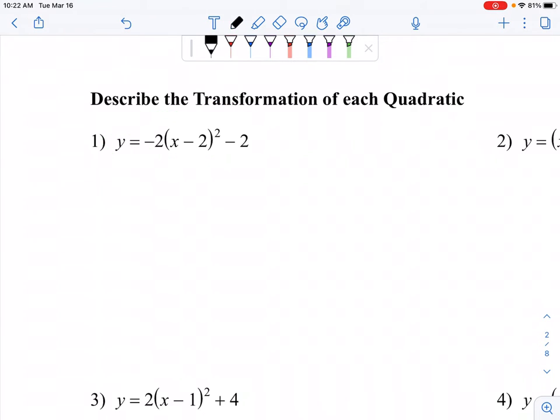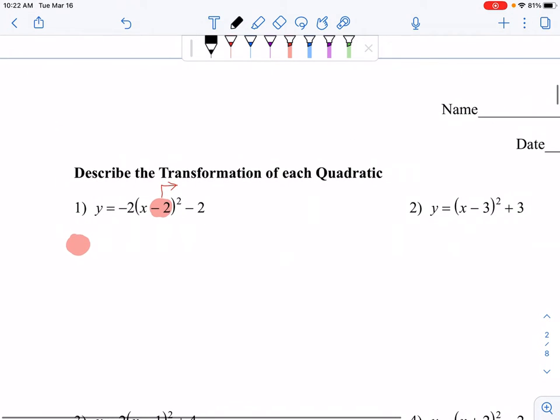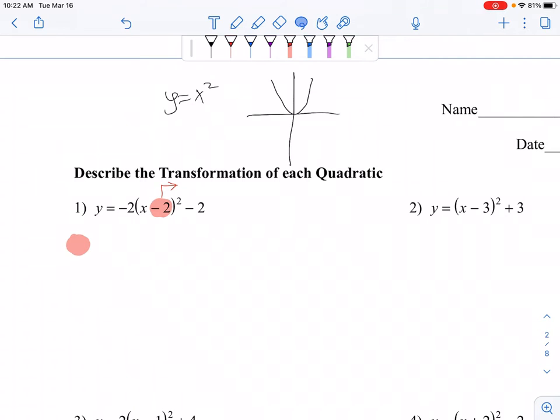I'm just going to do a couple of them, and I'll try to color coordinate these. The first thing we look for is inside the parentheses. This negative 2 actually means that we're moving right 2. So our first transformation from our parent graph, y equals x squared, is that this would move right 2.